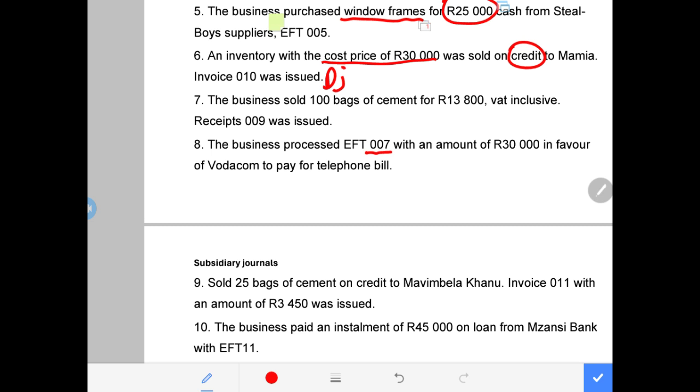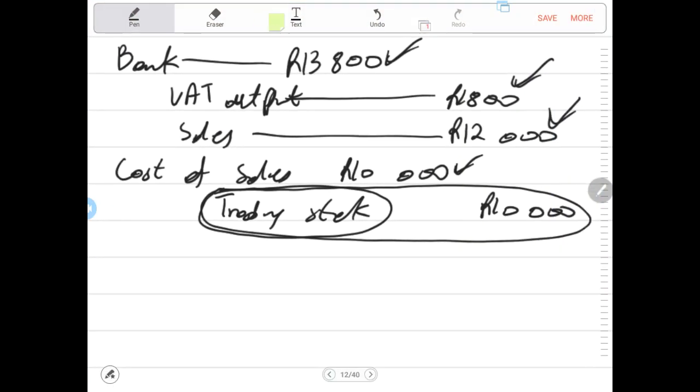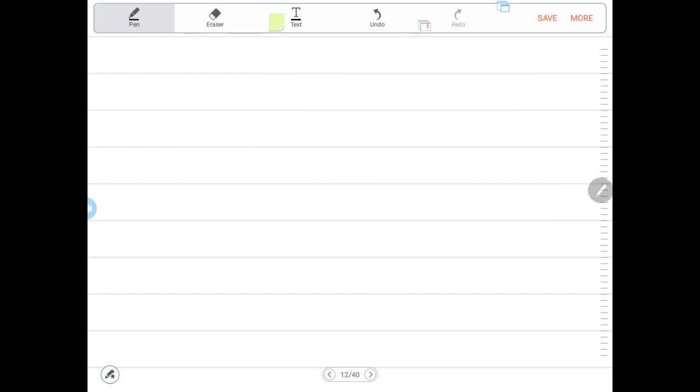So now this is a cash payment journal. Who are we paying? We are paying for the telephone bill. The telephone has VAT. The company that renders the telephone services is also a VAT vendor. So now we will debit our expense, which is telephone.